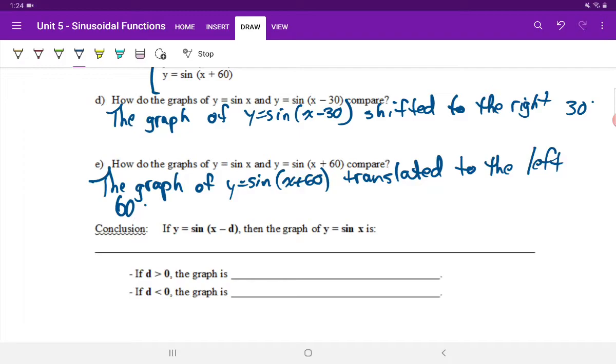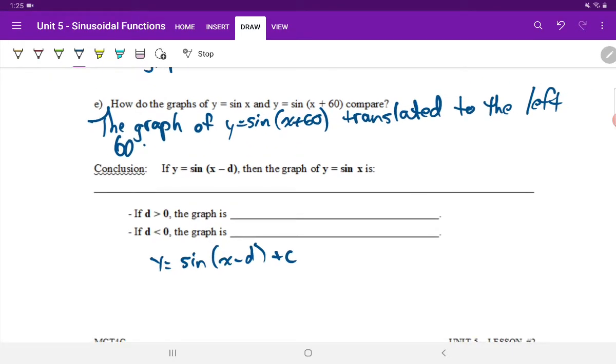Well, the general form of the equation is this. Okay, this is the equation we're working with. And currently we haven't done anything with C, so I'll just leave that out. So what happens is, if you're going to the left 60 degrees, that means D is equal to negative 60, right?